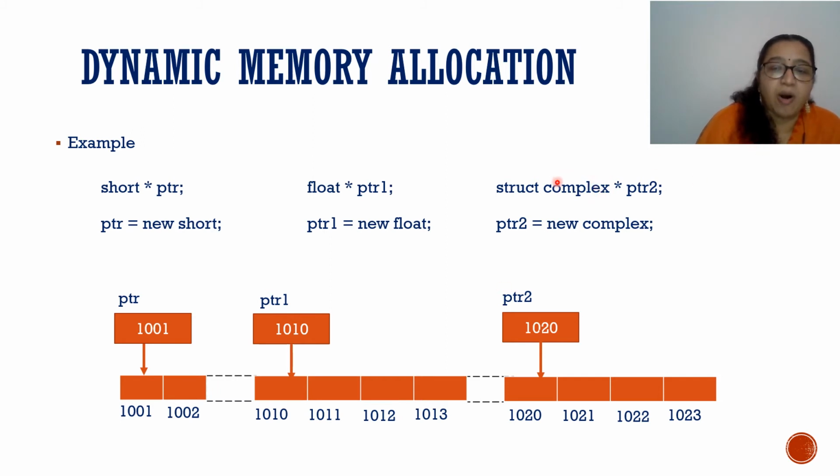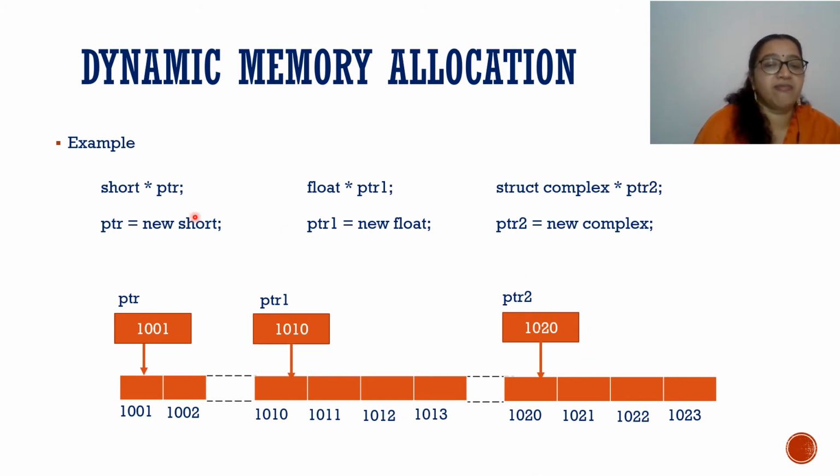And for the complex, PTR2 is the pointer. We created blocks here. 4 blocks are there because in complex, as we already studied in the structure portion, 2 data members are there. One is real and the other one is imaginary. Both are short data type. So here we took 4 bytes for this complex, and PTR2 is holding the base address. So through PTR2 we can access the values of this.